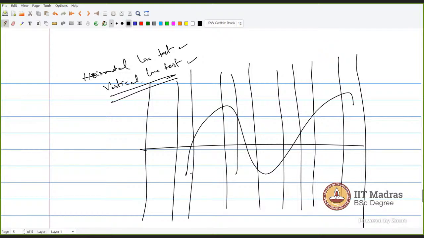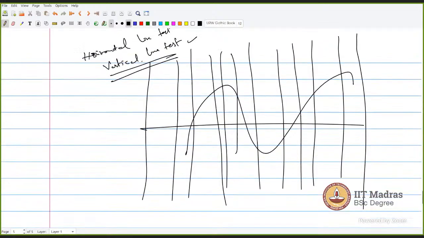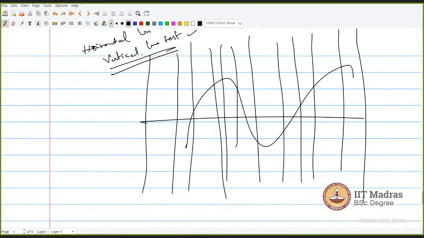The vertical line test fails if I have at least one line like this that intersects my graph at more than 1 point, like 2 points or 3 points. Even if you get any one particular line that intersects the graph at more than 1 point, then your vertical line test will fail.